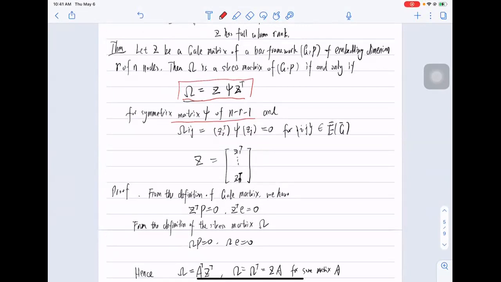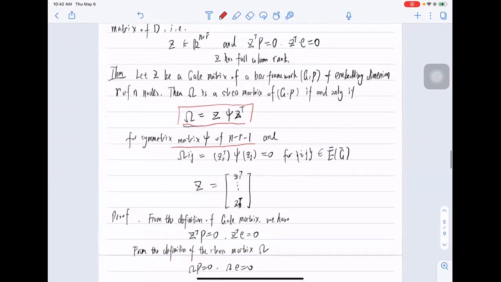I think the advantage is that it is useful to prove things. And also now you have a formula for the stress matrix, right? Given a bar framework, you can explicitly compute the Gale matrix, right?